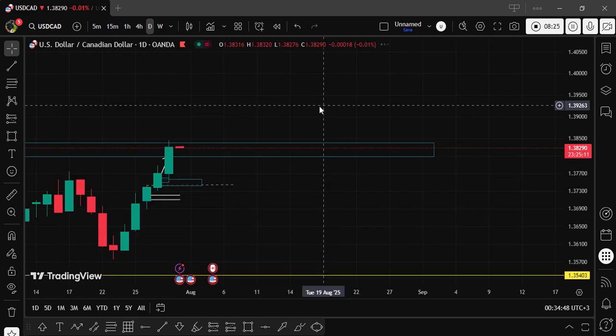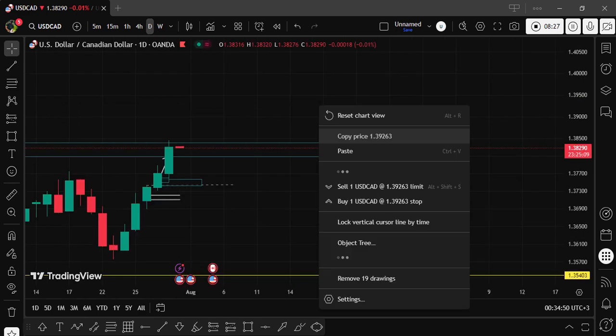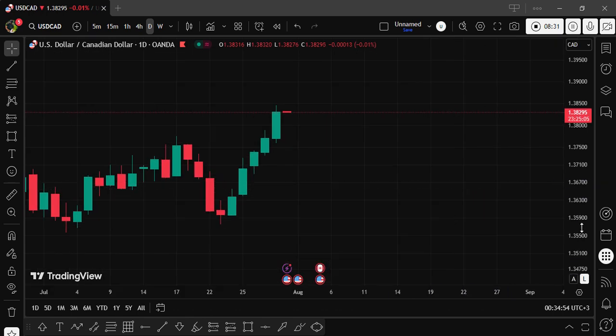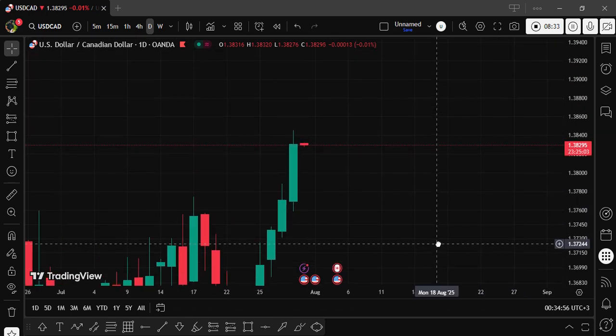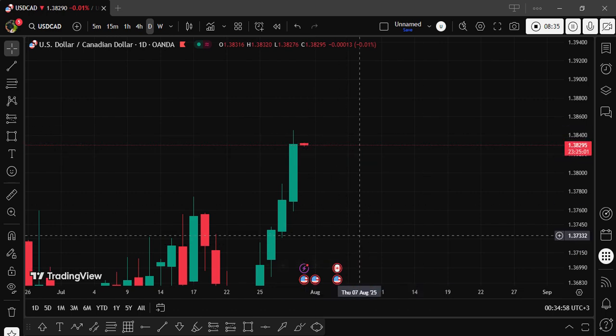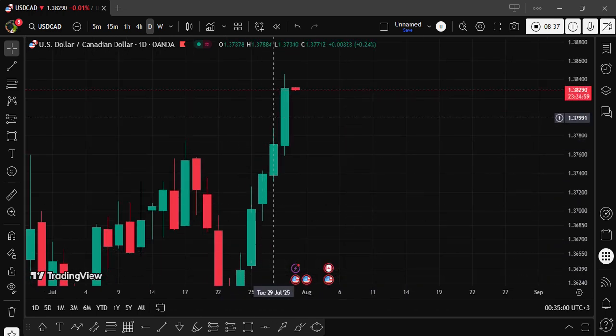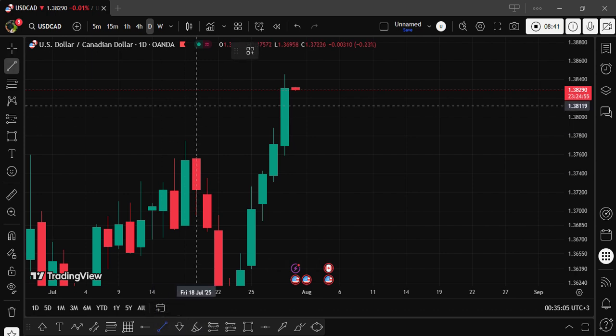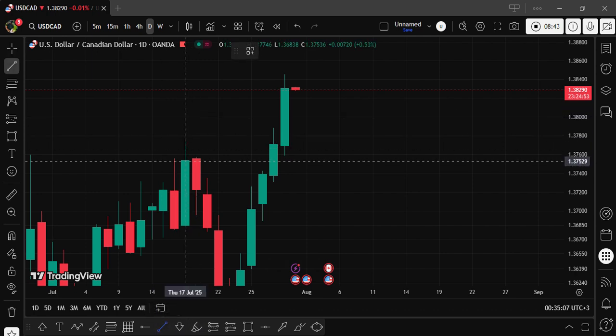Sorry, let me first clear everything out. So this is on the daily. As you can see, our Thursday candle is already forming, but price has been pushing to the upper side. And if you can see, this is like, should I call it a breaker, a failed order block?